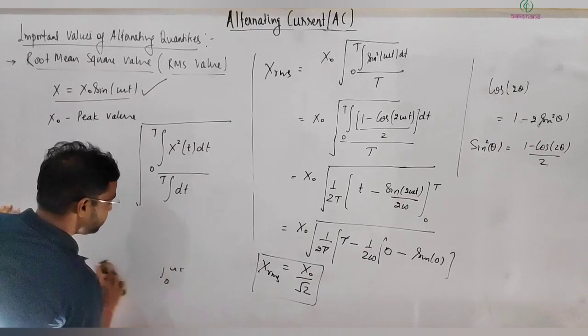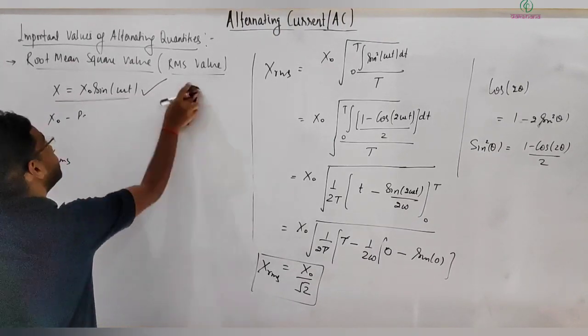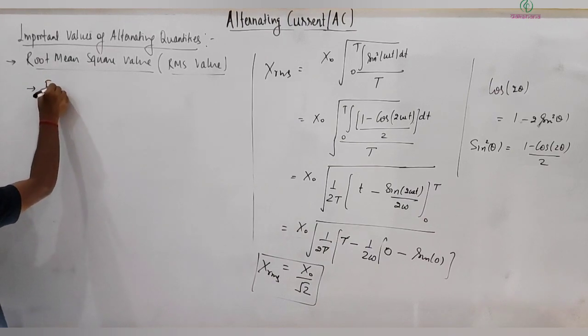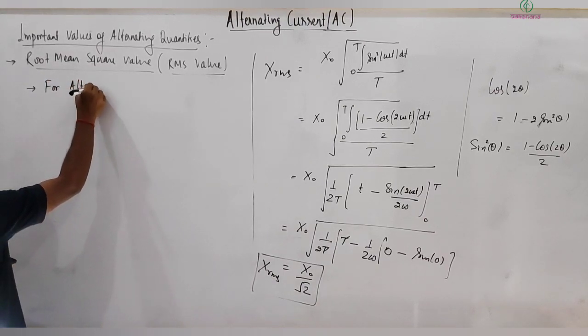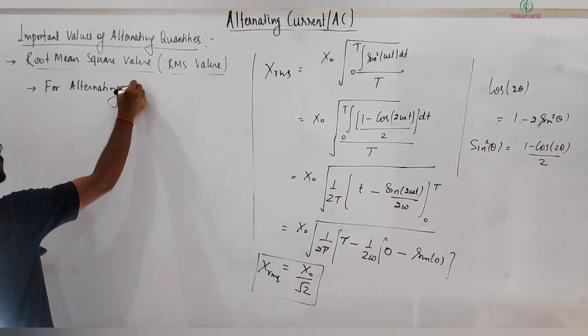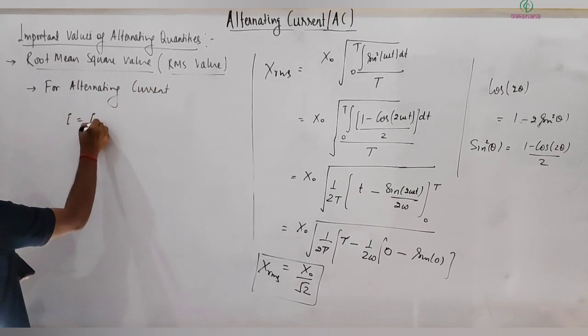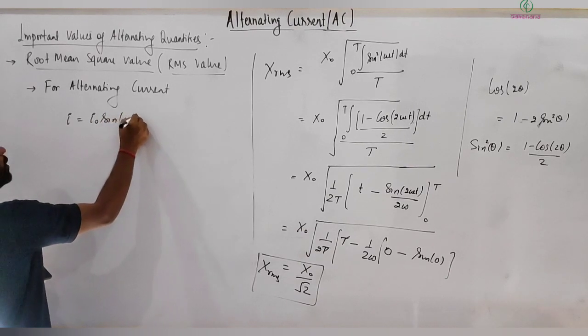So here I can write for alternating current, I is equal to I naught sine of omega t.